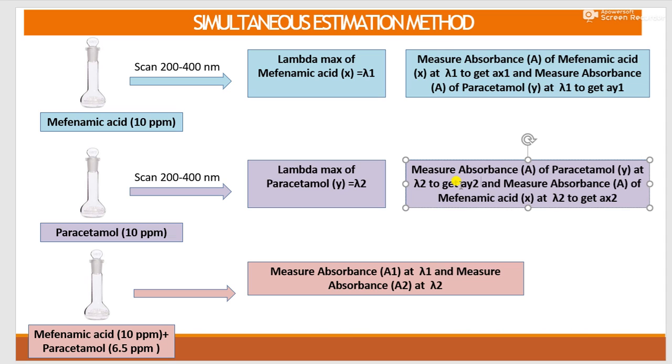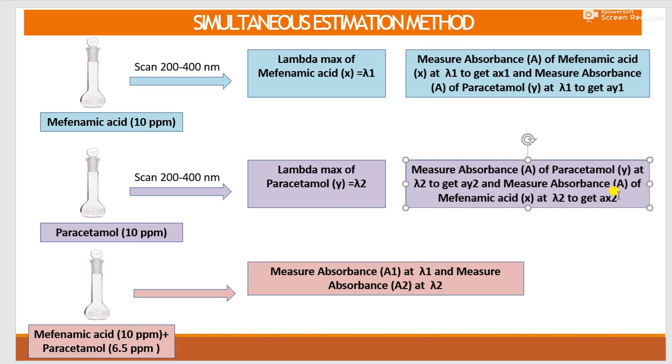AY2 at lambda 2. Similarly, this solution you have to scan at lambda 1 also, and this solution you have to measure the absorbance at lambda 2 also. In short, X you have to measure at lambda 1 and lambda 2, and Y you have to measure at lambda 1 and lambda 2.